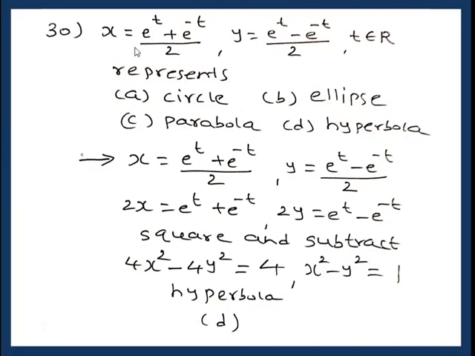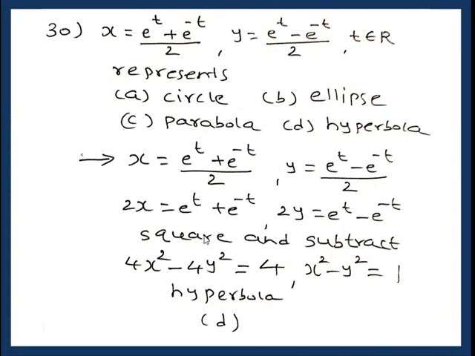Next one, x equal to e raised to t plus e raised to minus t upon 2, y equal to e raised to t minus e raised to minus t upon 2, where t is a real number, represents. Remember one thing, to get the equation of locus, parameter is to be eliminated. So our focus should be on elimination of parameter. Now x equal to, this is given, y is given, rearrange the terms. Now how to eliminate?